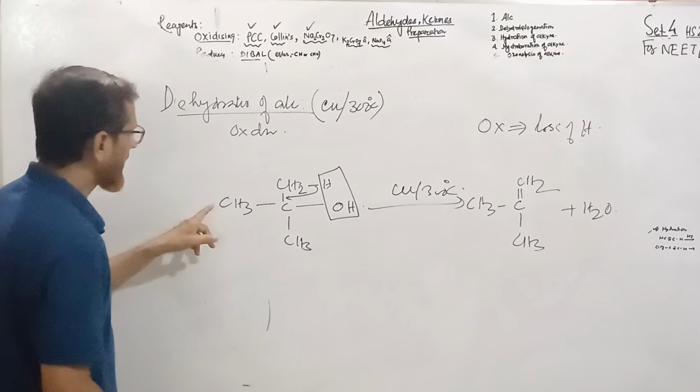Let us take one example of 1 degree alcohol, and you give copper and 300 degree centigrade or 573 Kelvin. What we get here is loss of hydrogen. One hydrogen will be from here and the other from oxygen. So you are losing two hydrogens. What you are getting is CH3CHO. So you simply get CH3CHO.